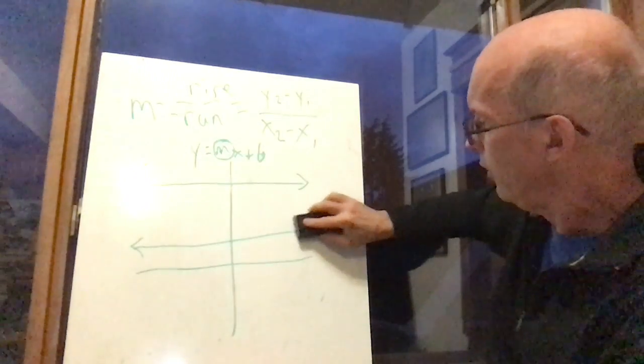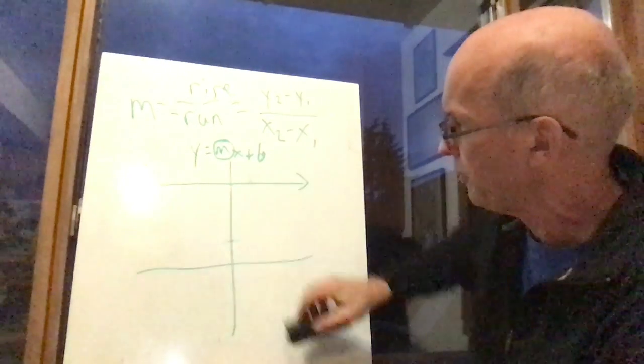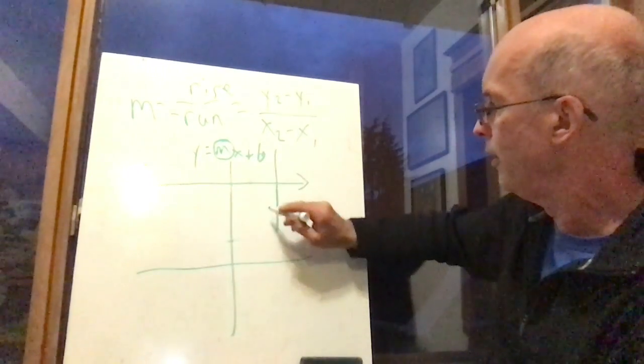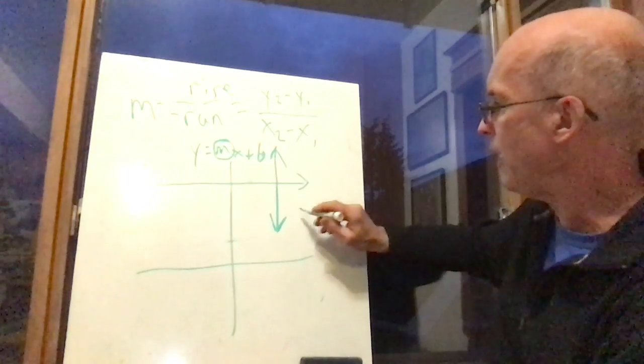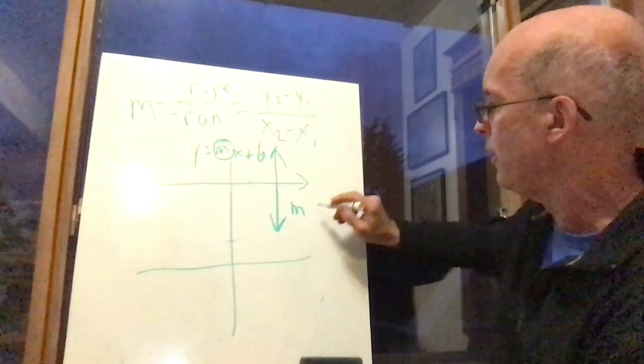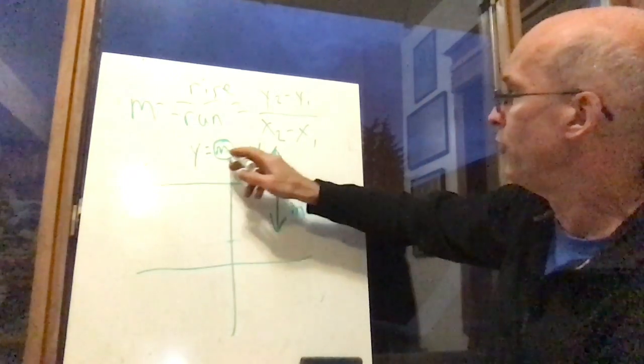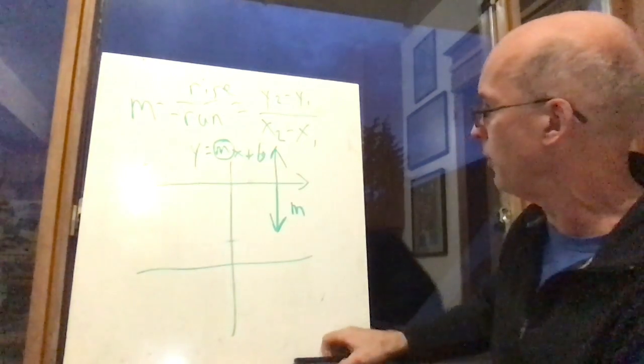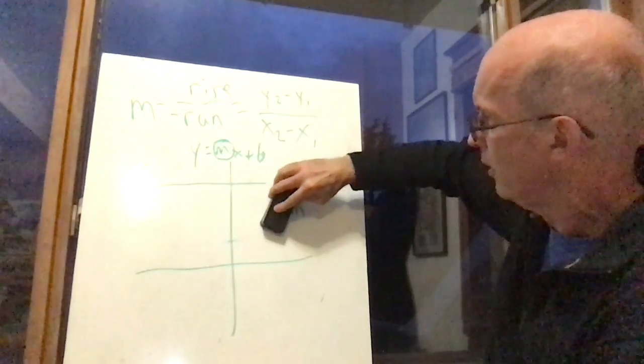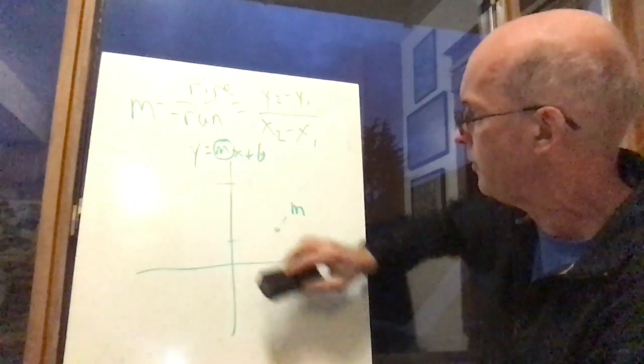Perpendicular lines don't have the same slope, but their slope is the inverse opposite of it. So if the slope of one, I guess I shouldn't have drawn them like this. Let me change my drawing just a bit.